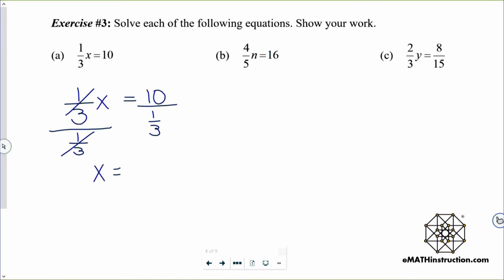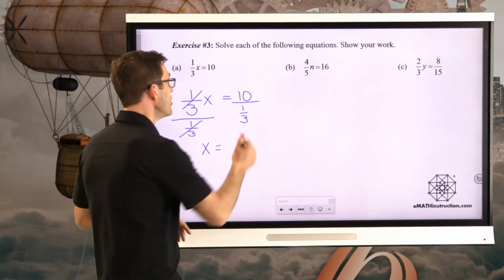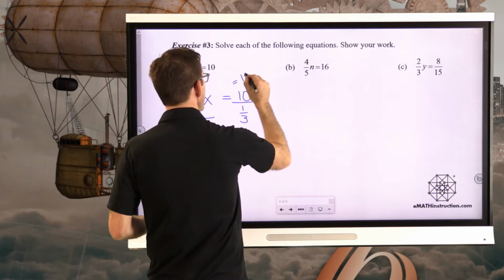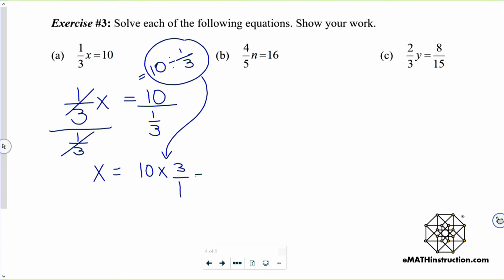Now, I don't know about anybody else, but this looks horrible. But literally, this just means 10 divided by 1/3. Now, as we know, 10 divided by 1/3 is the same as 10 times 3/1, or just 3, and so x is equal to 30.